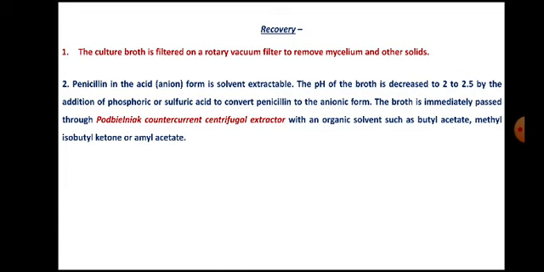This solvent extraction process of penicillin is done in a specialized equipment called the Podbielniak counter current centrifugal extractor.